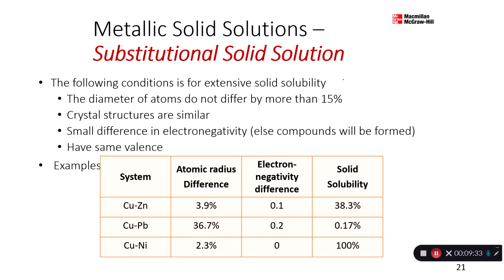If you can recall chemistry, you probably remember how much salt you can put in water. Let's say the solution is sodium chloride, 50% water, 50% salt. That means the solubility is 50%. So the same applies for solid solution as well. We have a range for how soluble each other is.